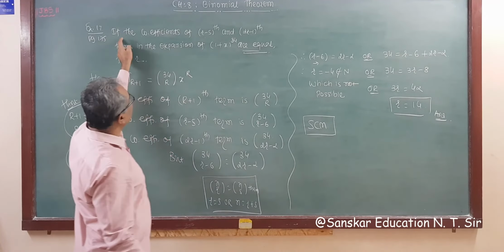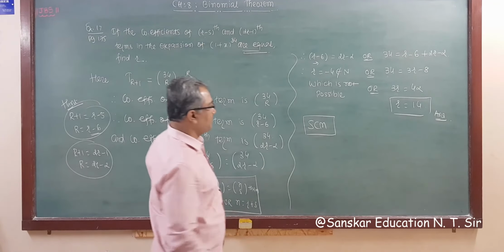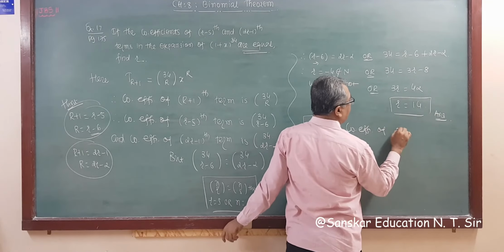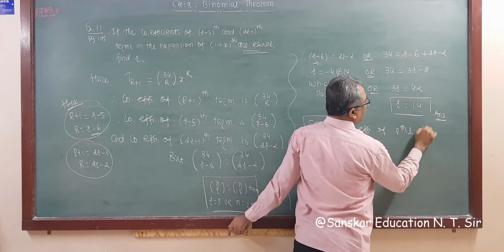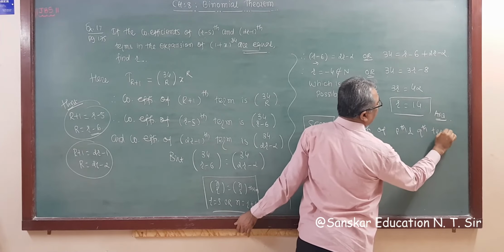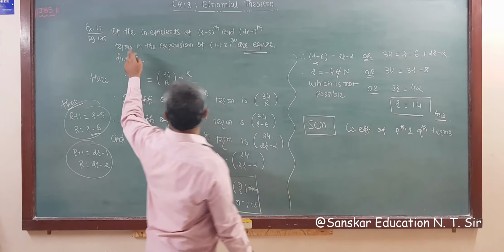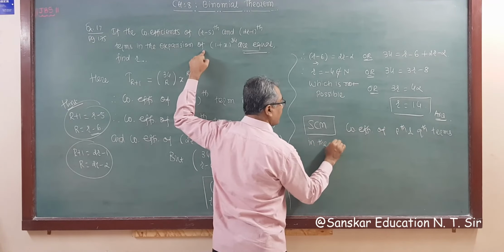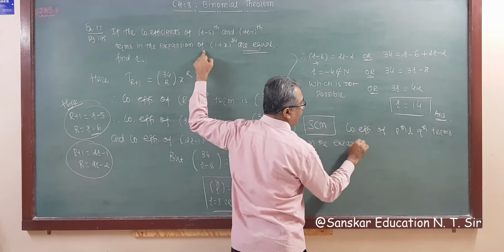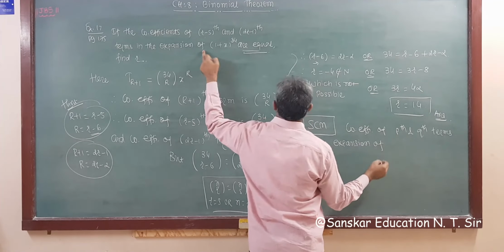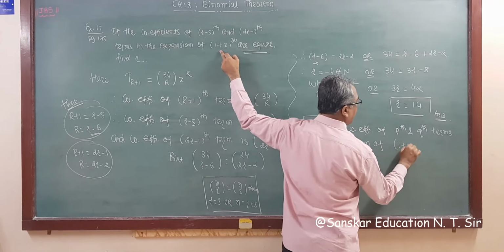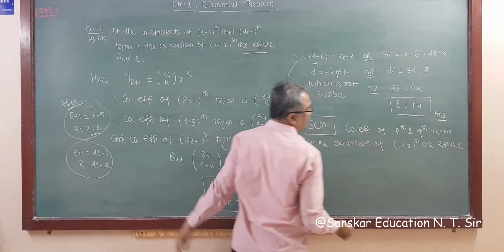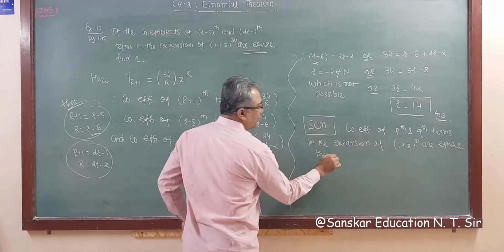If the coefficient of p and q terms in the expansion of (1 plus x) raised to n are equal, then what to do?